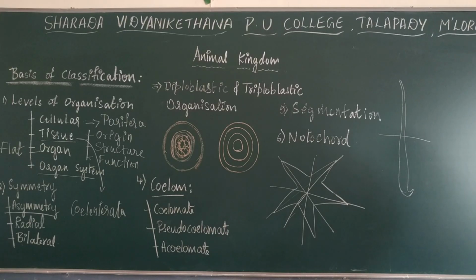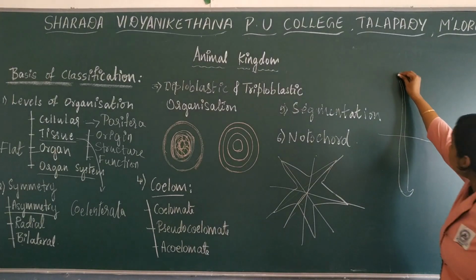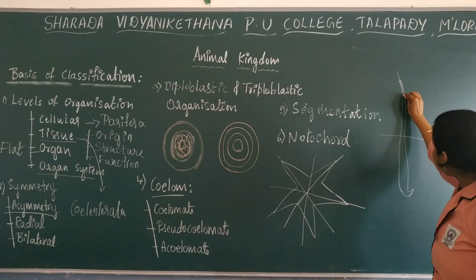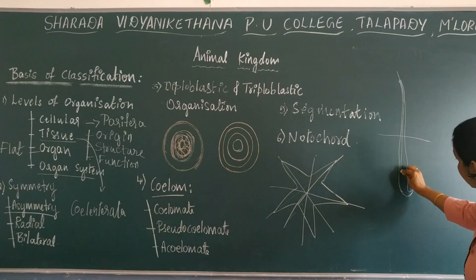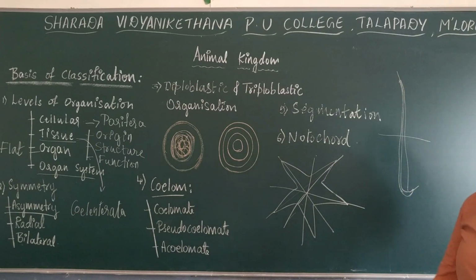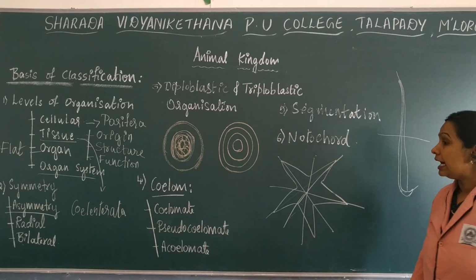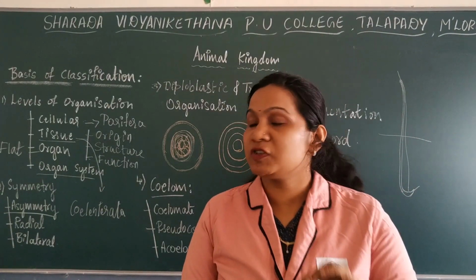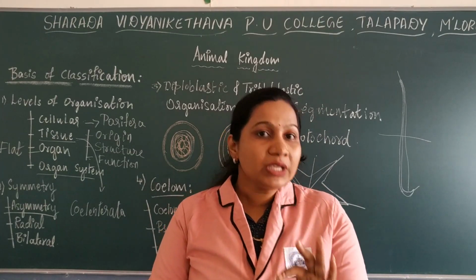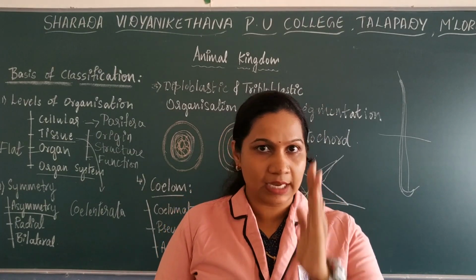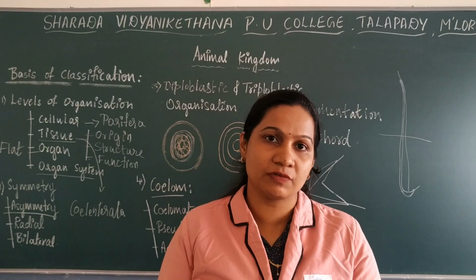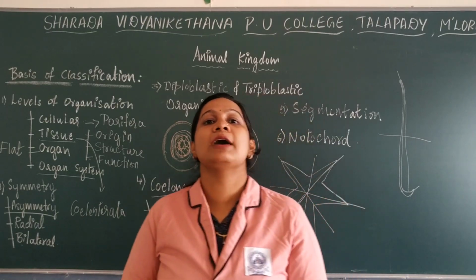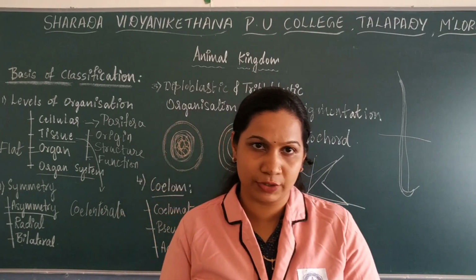No, I won't get an equal half. Only in this axis, if I cut it in this axis, then I will get an equal half. So bilateral refers to an organism which can be divided into two identical halves, where the line passes through the central axis.